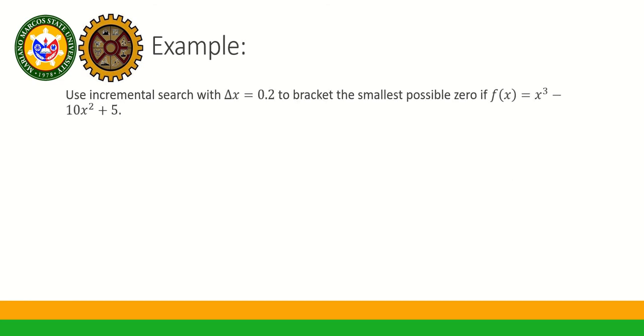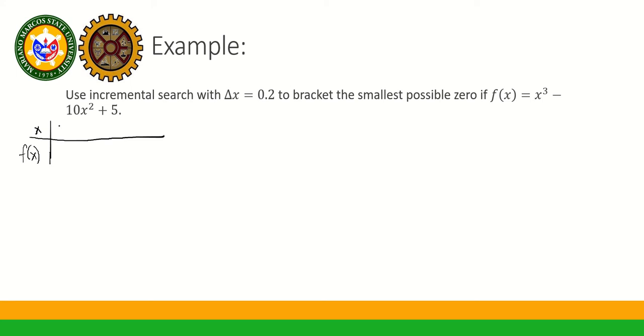So, use incremental search with delta x equal to 0.2 to bracket the smallest possible zero if f of x is equal to x cubed minus 10x squared plus 5. Okay, so gawa ulit tayo ng table of x and f of x. Ayan. So, increment natin is 0.2.